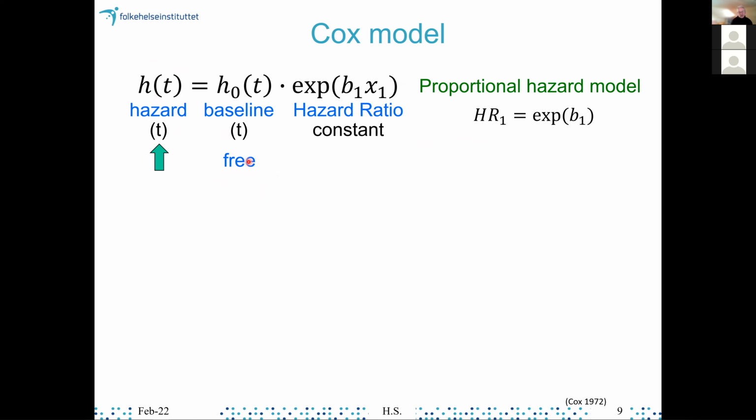And that means there are no restrictions on the shape of this one. It's a totally free form of a function. Doesn't matter what the form is. And then we are interested in the hazard ratio. And since we have a free form over here, this is often referred to as a semi-parametric model. We have parameters over here, but this one is without parameters, hence semi-parametric.